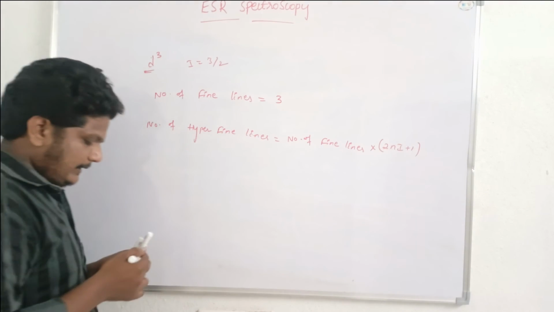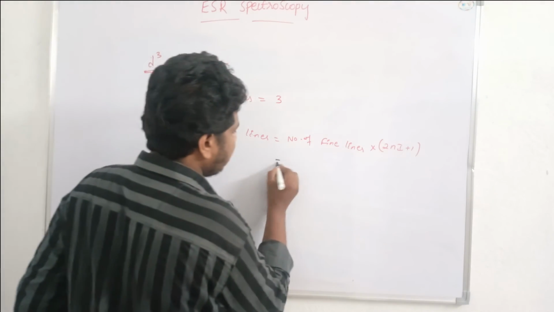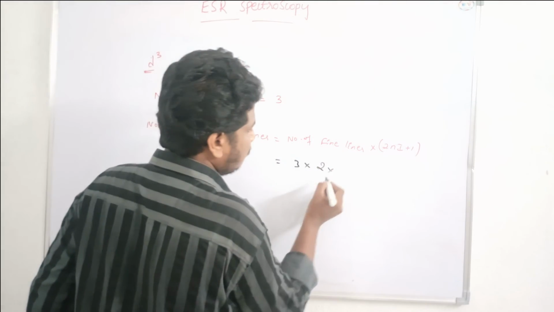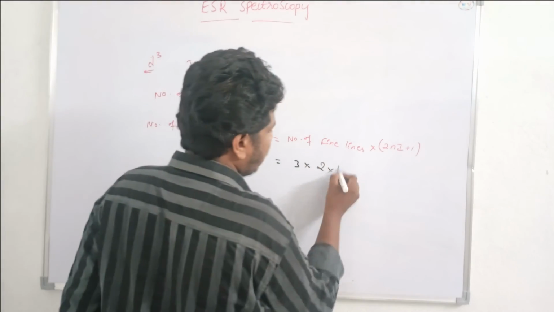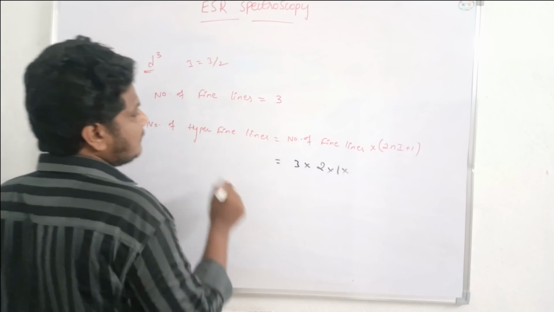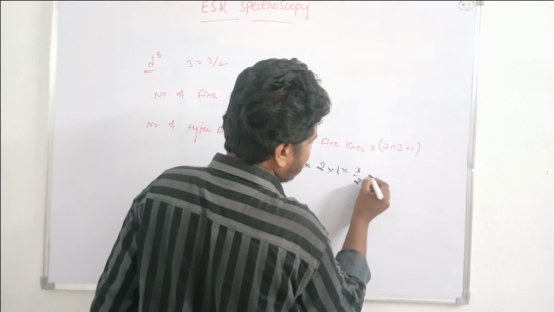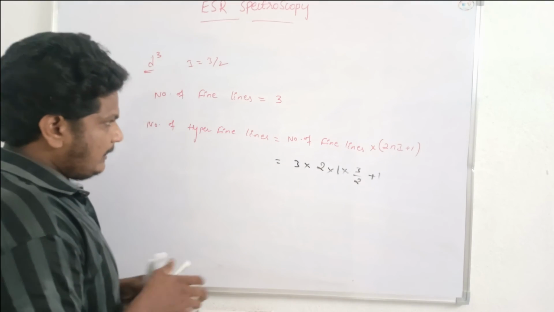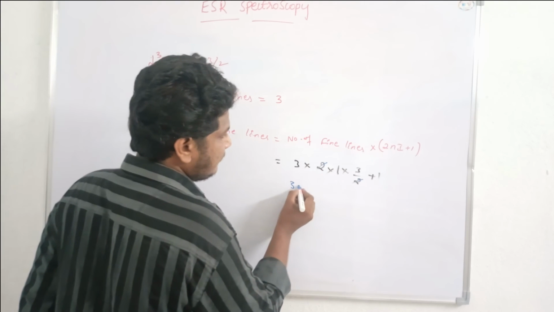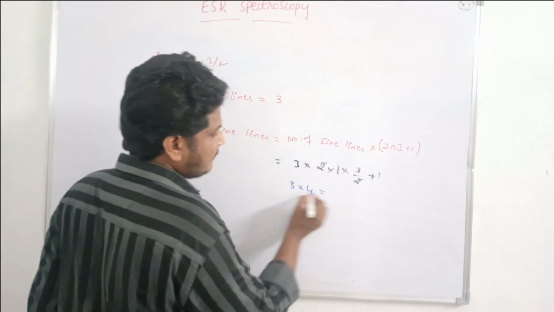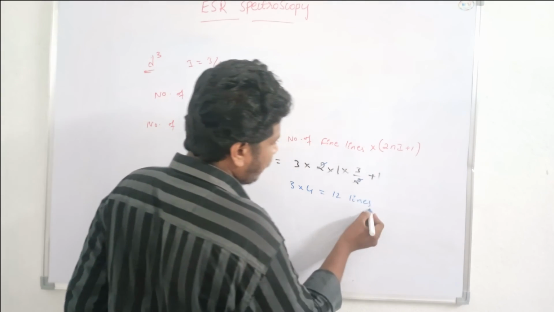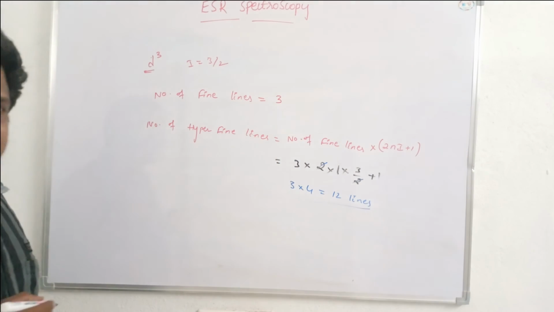If I is equal to 3/2, with only one nucleus present, then 3 times 2 times 1 times (3/2) plus 1, the 2 and the 2 cancel out, and 3 times 4 is 12 lines. So we can observe 12 lines in the case of the D3 system.